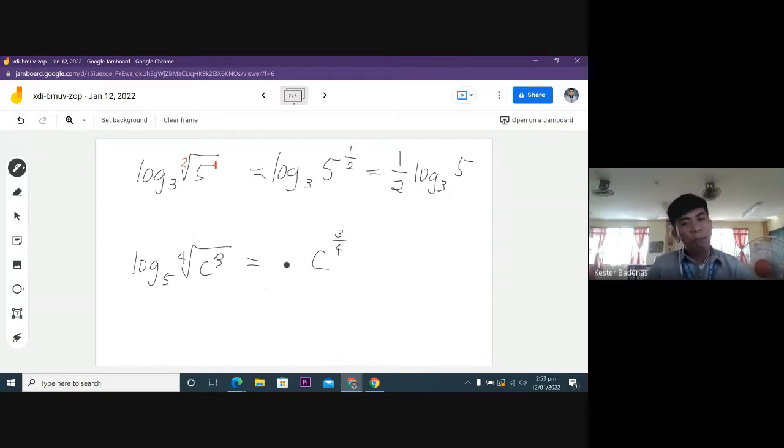So, we have logarithm of c raised to 3/4 with a base 5. And then apply power rule. So, we have 3/4 of logarithm of c with a base 5. Yan po siya.